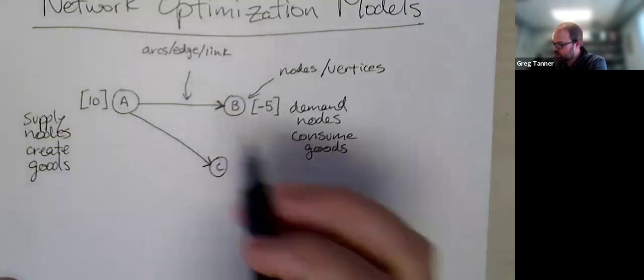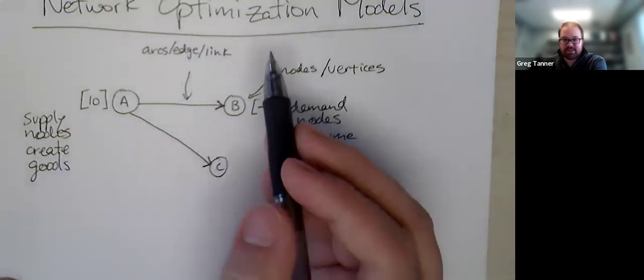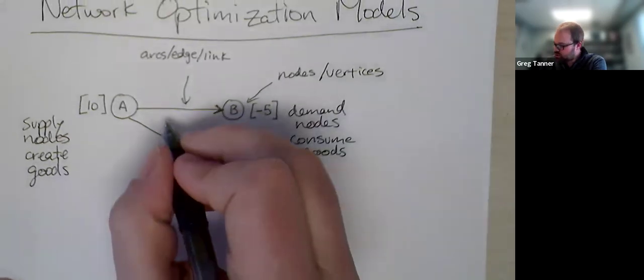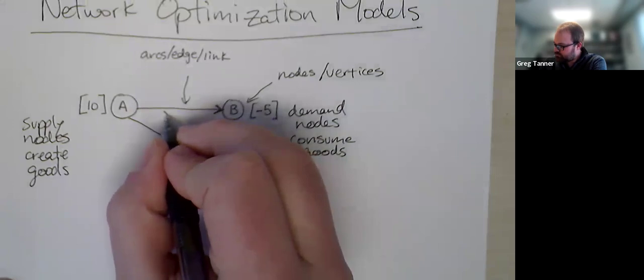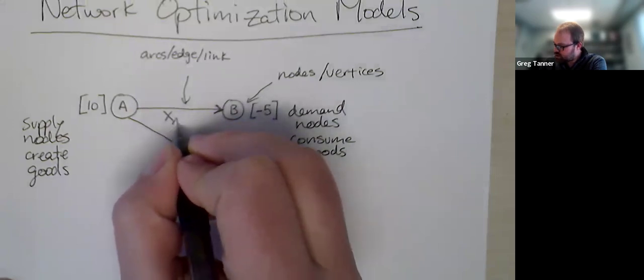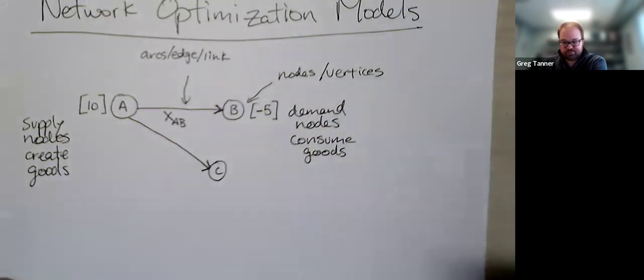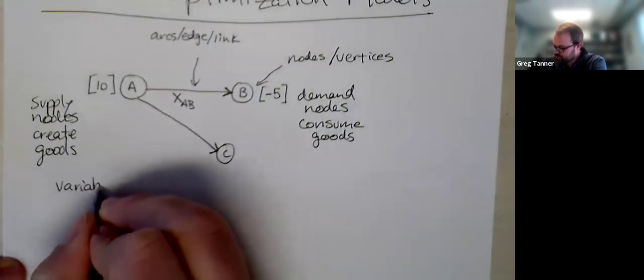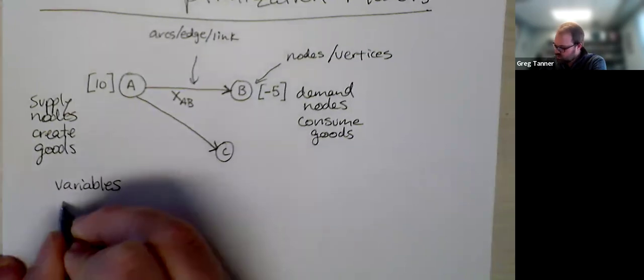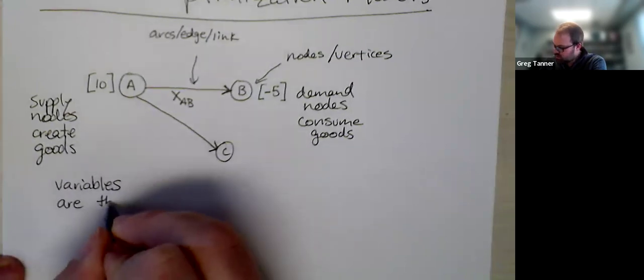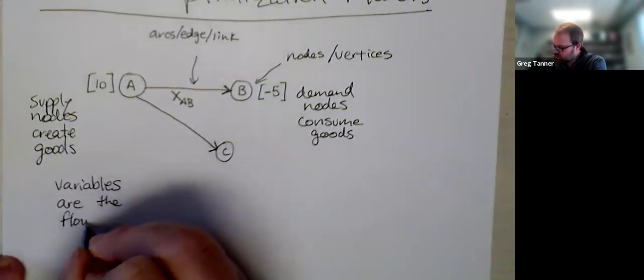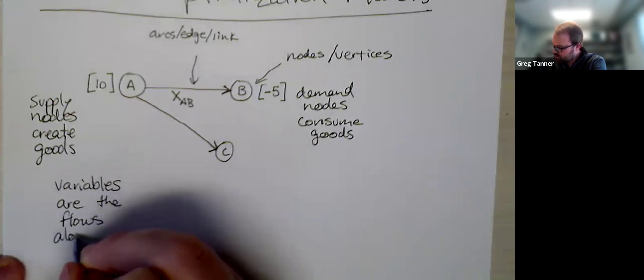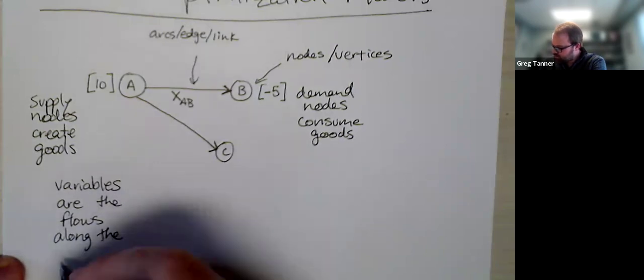and then in our network optimization models, we'll usually choose the flow along an edge to be our variables. Okay, and so here I'll say variables are the flows along the edges.